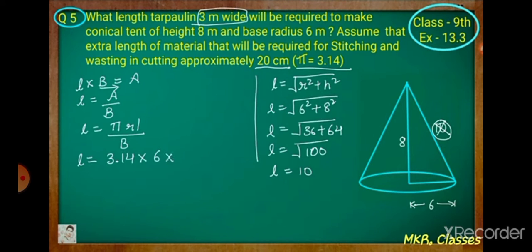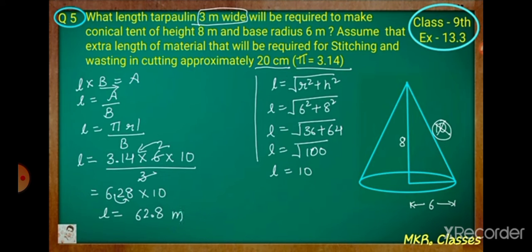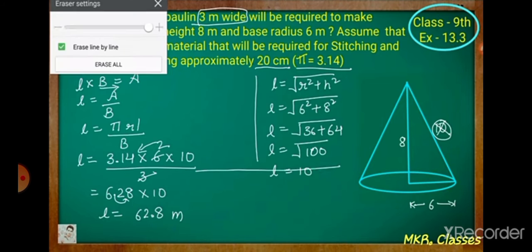Now the area of the tarpaulin will be L into B, right, it will be of rectangular shape, so it's L into B. So length is equal to area upon base. So the area will be the same as what is used for the cone, that is pi r L, and the base that we know is 3, it is 3 meter wide, so 3 is the base. So now after solving it, it gave 3 2s are 6. After multiplying it, it is coming 62.8. So the length is 62.8.